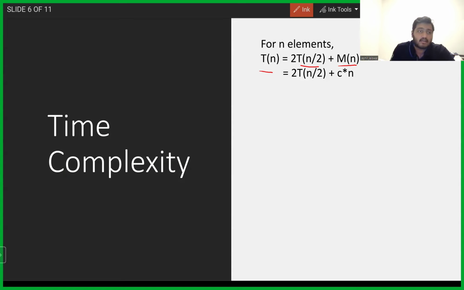Now, we want to get T of n in terms of T of 1, which is basically a unit time, and the number of elements n. To do this, we'll start by substituting T of n by 2 in terms of T of n by 4, and we'll see what happens.